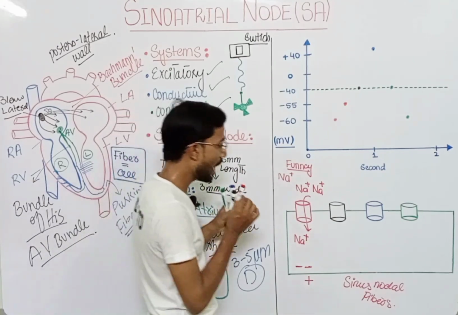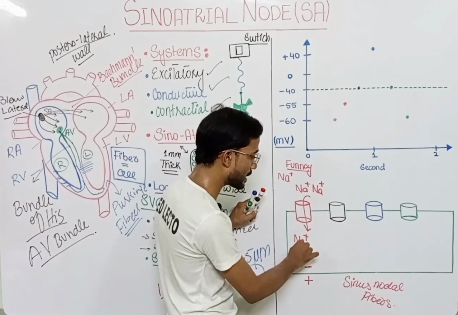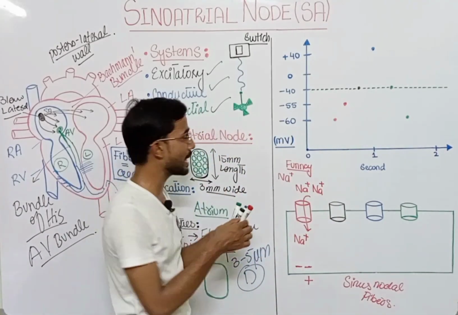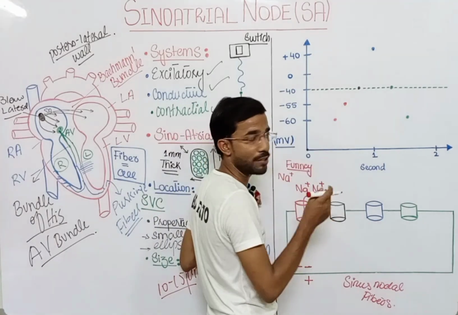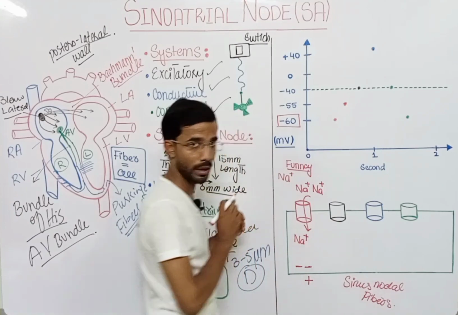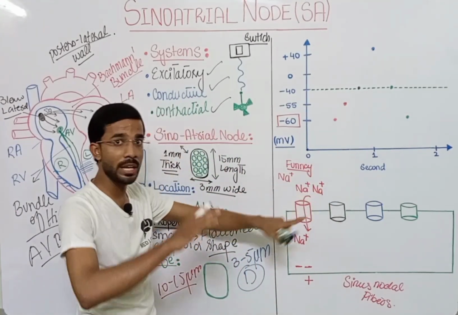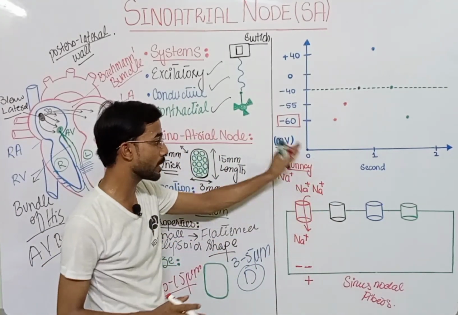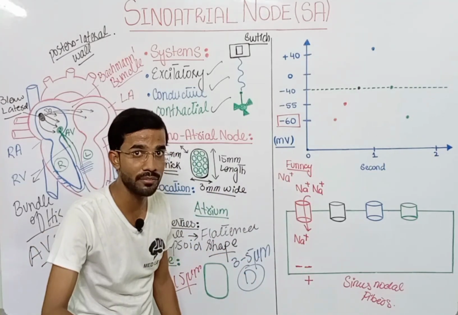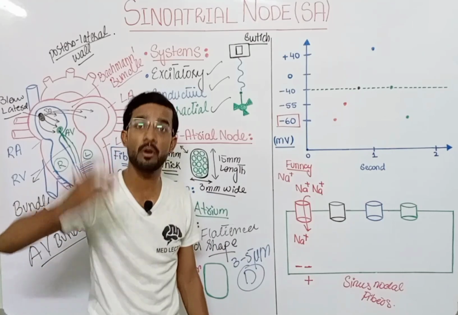So first of all, when sodium enters the cell, at the starting point the cell is in a negative potential, that is minus 60 millivolt. When this funny sodium channel opens and sodium starts moving into the cell, the potential becomes less negative. It means it goes towards positivity.